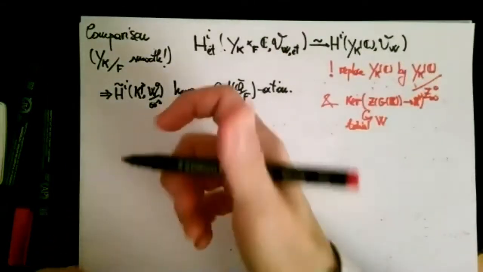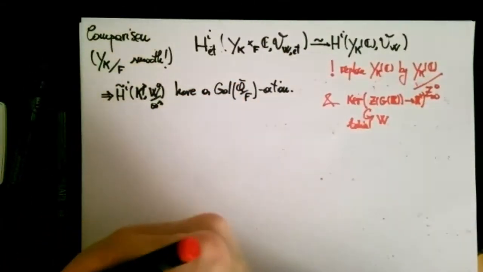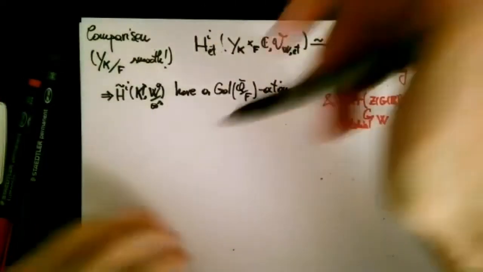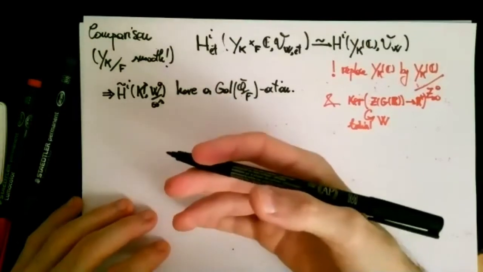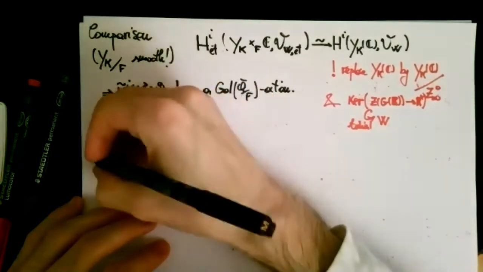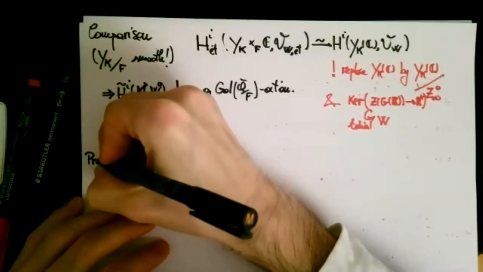All right, so what is the upshot? The upshot is that, as you can imagine, all the constructions that we did so far are equivariant with respect to the Galois action. So the properties are the following.